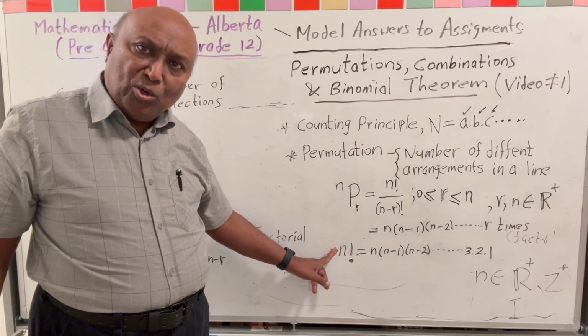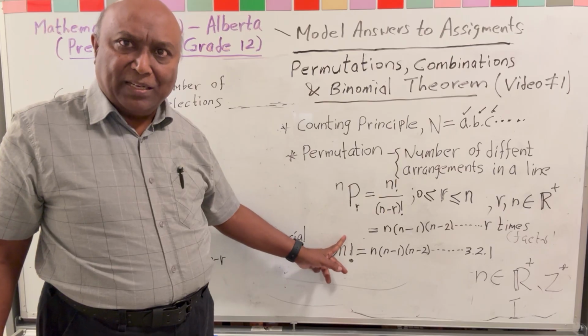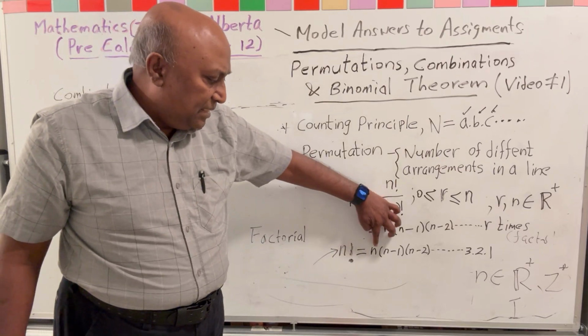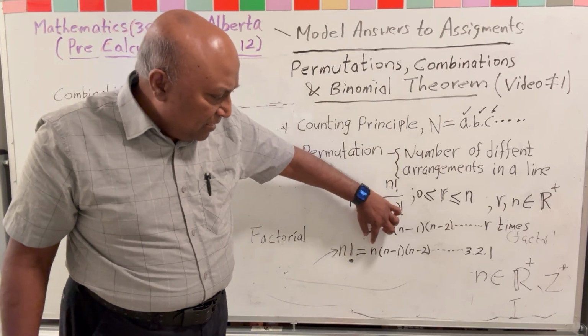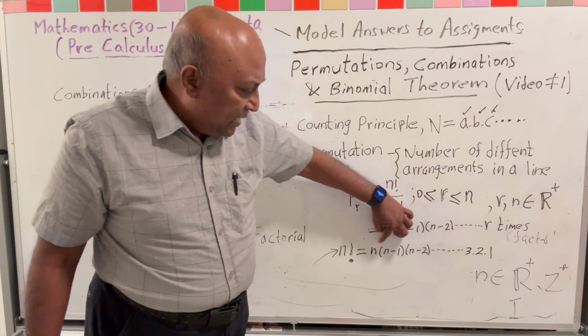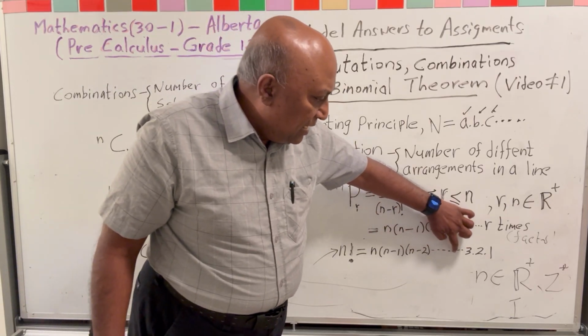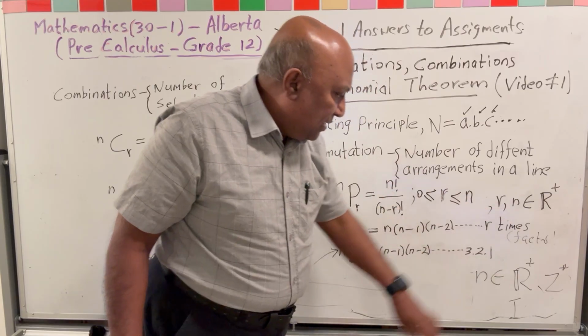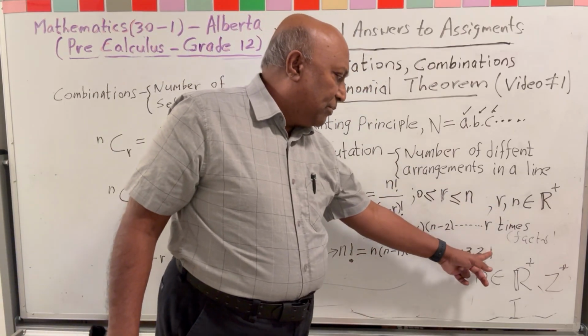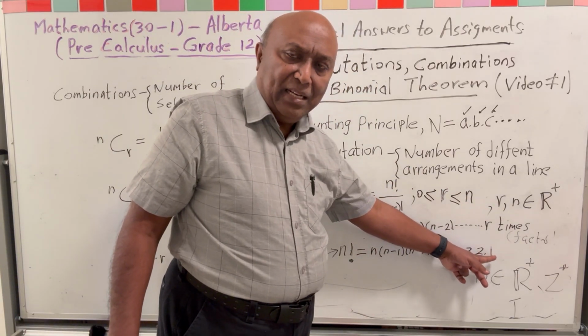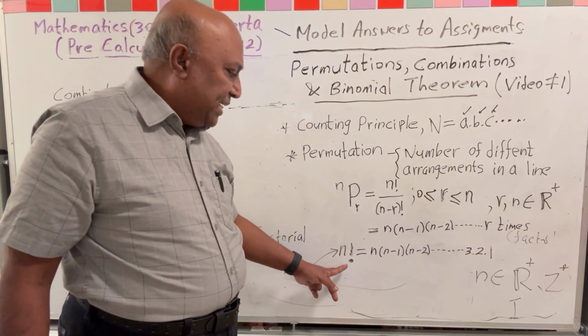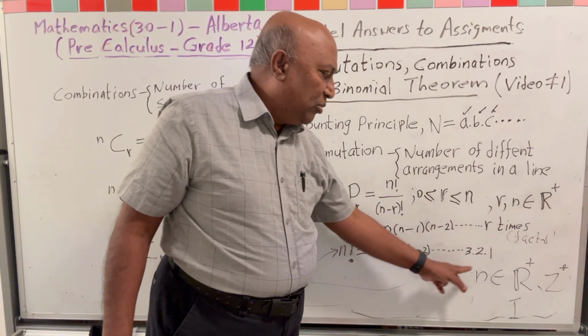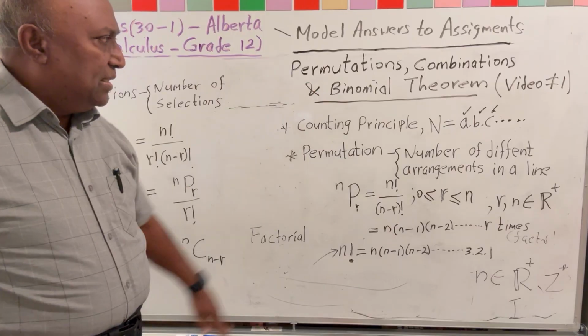If you want to find factorial 10, starting from 10, you evaluate this product: 10, 9, 8, lastly 3, 2, 1. Otherwise, you can write it from the beginning in ascending order. Factorial 10 means 1, 2, 3, 4 up to 10. Okay, these are clear.